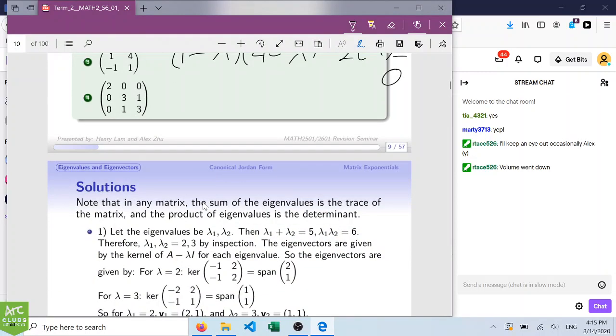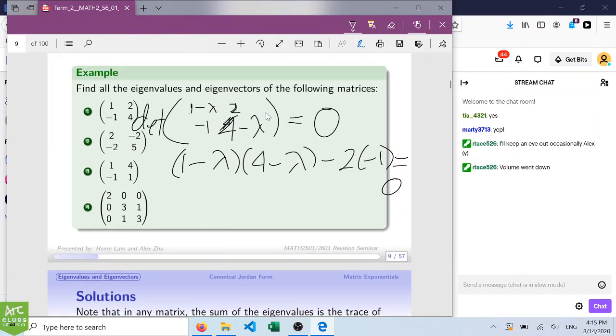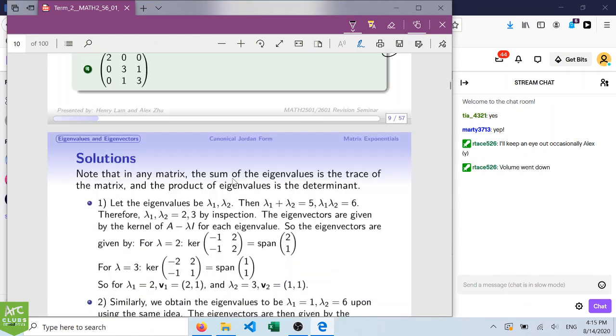After that, to find eigenvectors, you substitute your eigenvalue 2 into this equation, and you'll end up with minus 1, 2, 2 over here. This is your A minus lambda I, and you need to find the kernel of that.